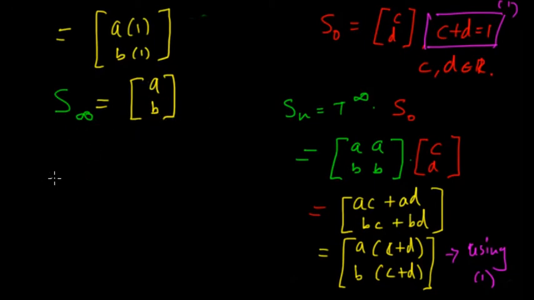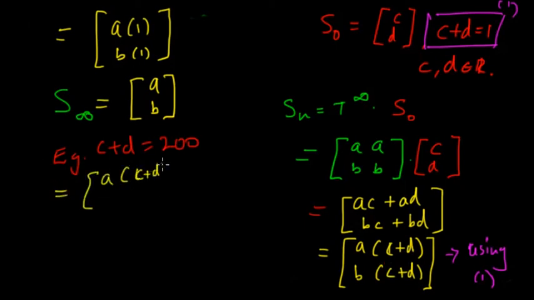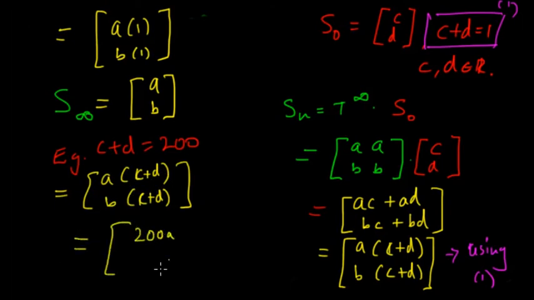Now just quickly, if you're using the number of people, you could have C plus D equal whatever number it is. Let's say, for example, that C plus D is equal to 200. It's the exact same thing, but when you get to this stage, A times C plus D, B times C plus D, we can sub in C plus D equals 200. So we get 200A, 200B.